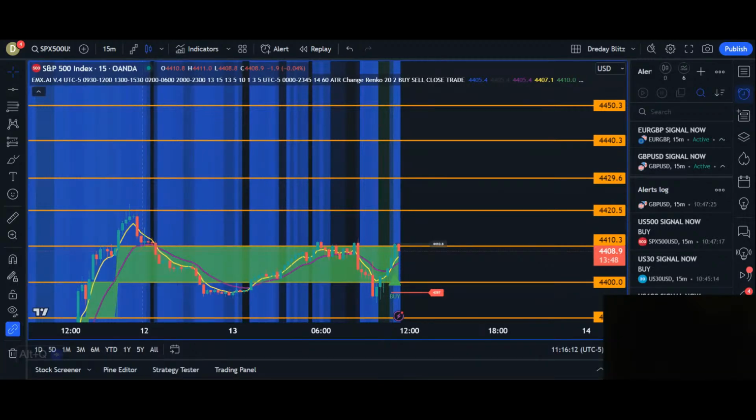Yeah, perfect. Great to hear. And like I said, since you have access to the full indicator, you're able to remove the signals and just trade off of the Renko on top of the candlestick candles and trade the way that you usually trade.